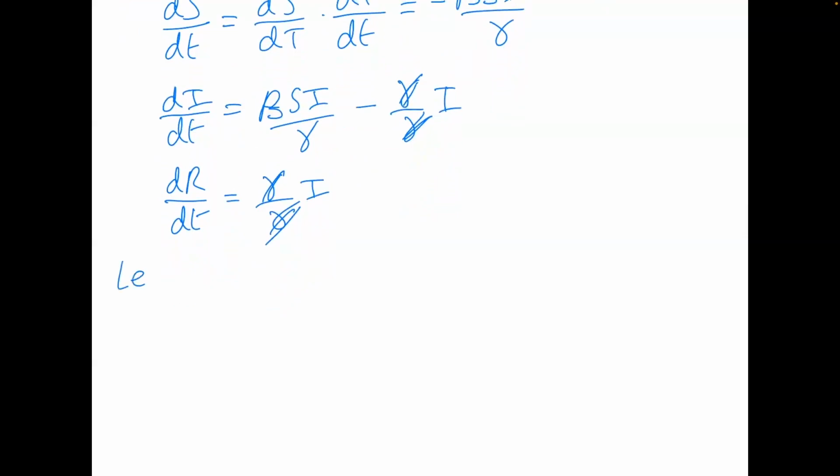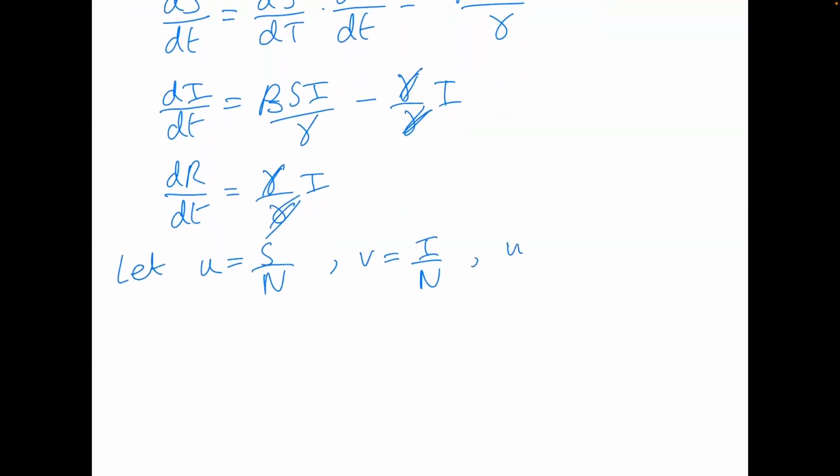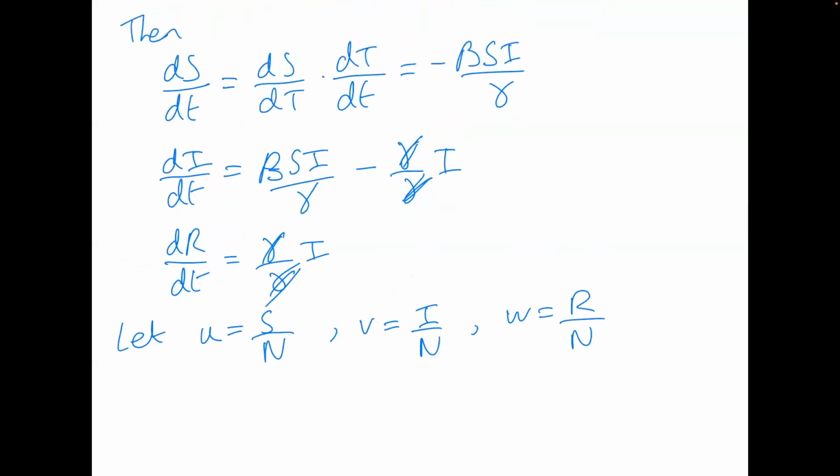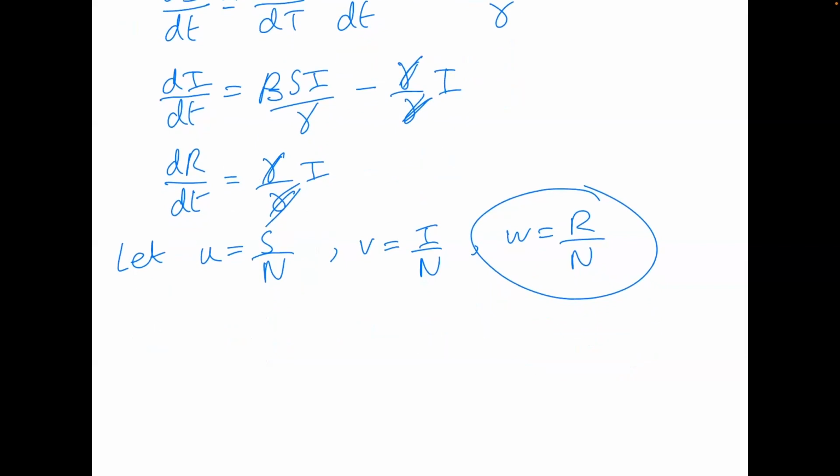Then if we also let U be the proportion of the population that's susceptible, V be the proportion that's infected, and then W is going to be the proportion that's recovered. Notice that we don't actually have R appearing anywhere in this, because once they become recovered, nothing happens, but we can still write everything down in this form.